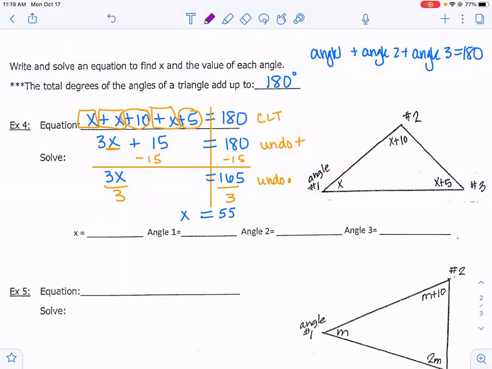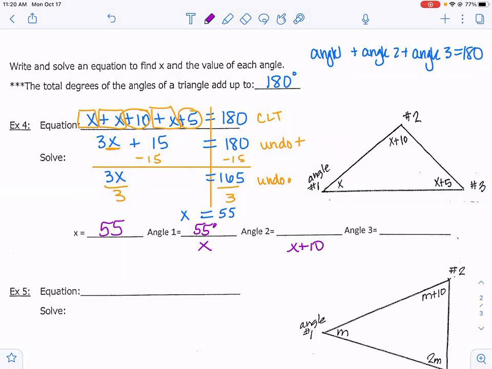X is 55. Okay. Now, angle 1. What's angle 1? In the beginning, angle 1 is x. Well, if x equals 55, we can say 55 degrees. These are all degree measures. Okay. Angle 2, they gave us x plus 10.